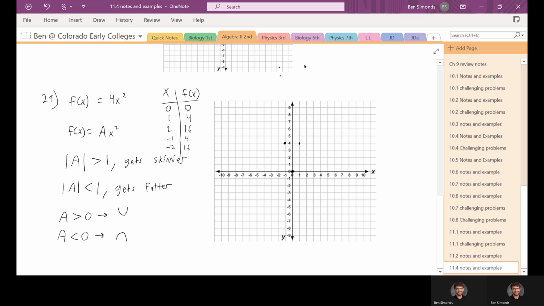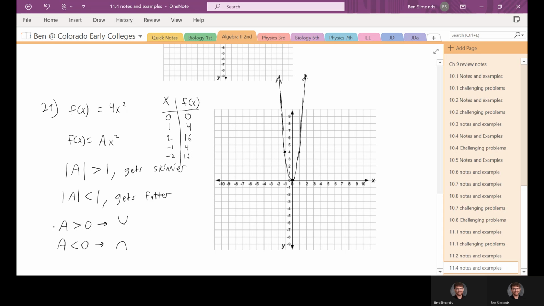And you can see this parabola comes down here really quickly, makes a very sharp turn, and then zips right on up here, right? So you can see that in the case of number 29, we've got 4, which is a positive number, so we've got an upwards facing parabola, and 4 is greater than 1, so it gets skinnier.